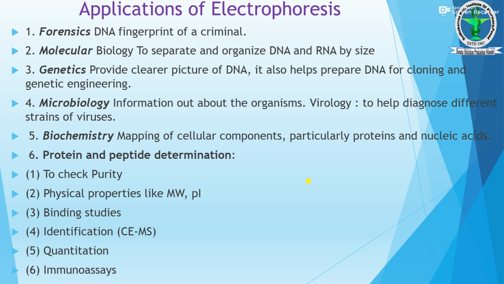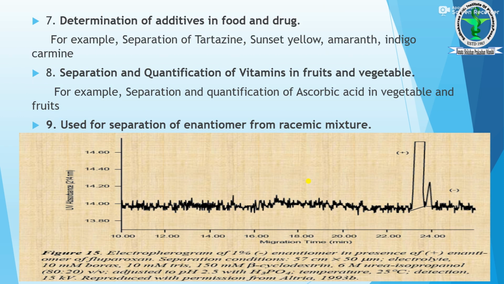In protein and peptide determinations, to check purity, physical properties like melting, molecular weights, ionic strength, pI, binding studies, identifications in capillary electrophoresis mass spectroscopy. In quantitation, we identify the quantities on the basis of the migrations. Amino acids and various acids can be studied.